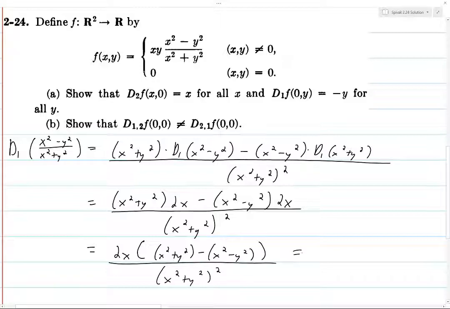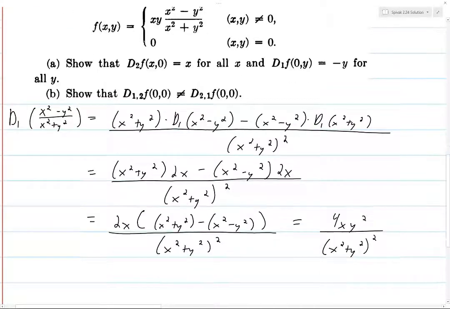Then x squared minus x squared is 0, and y squared minus minus y squared gives us positive 2y squared. So we end up with 4xy squared on top and x squared plus y squared quantity squared on the bottom.